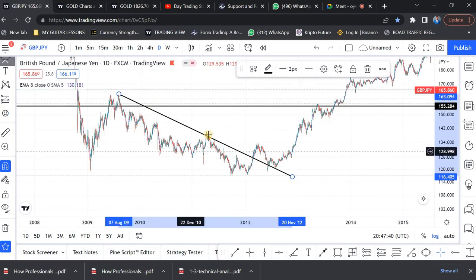Here it was serving as a resistance, because whenever price gets close to the resistance, it reverses downwards. But the moment it broke this resistance, you could see that it came to touch the resistance, which is now acting as a support, and then moved upwards. Okay, so that is what we have talked about so far.